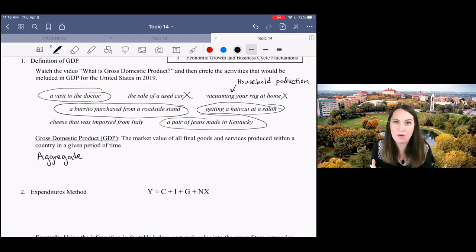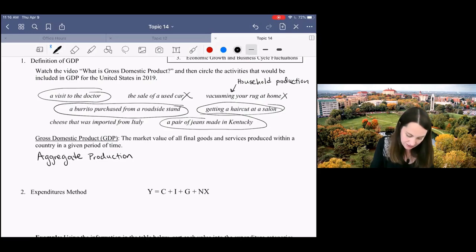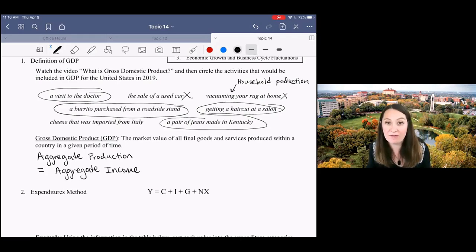And at the end of the day, what we're trying to understand when we are measuring what's going on in the economy is the reality in terms of standard of living or quality of life for people in a country, in a state, in a city. That's what we're trying to get at here. And because aggregate production is equal to aggregate income, this measure gives us some sense of the quality of life of people living in a certain area.